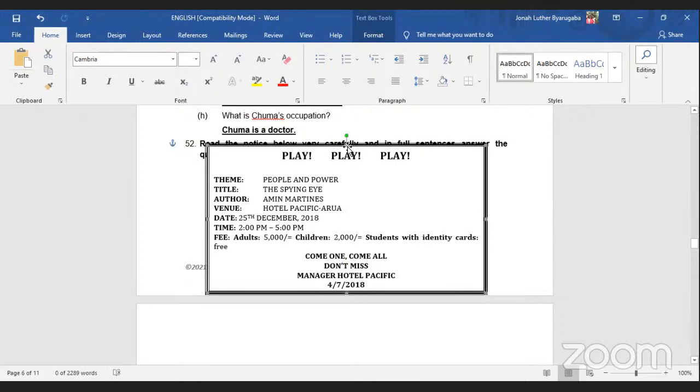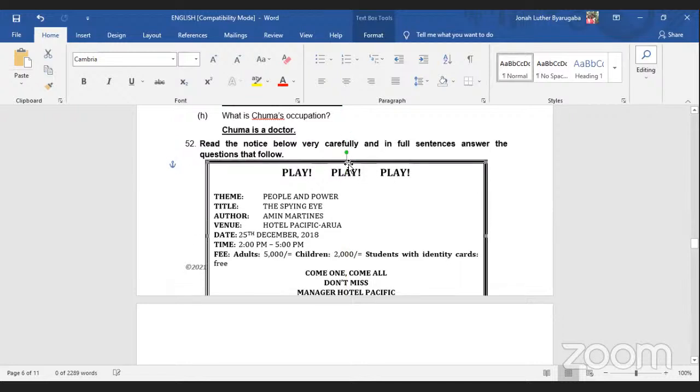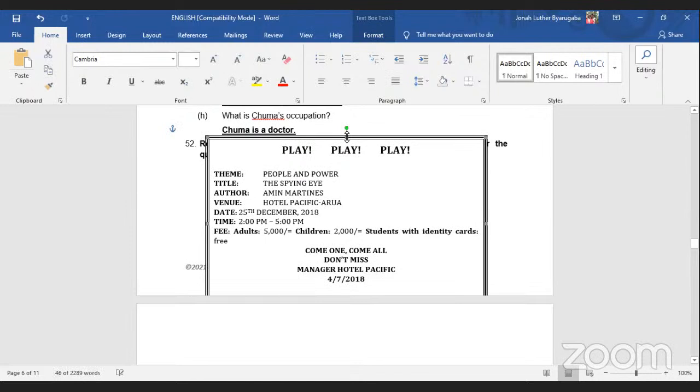Your question is here. First read the instructions because I'm going to cover them. Read this below very carefully and in full sentences. Answer the questions that follow. Okay, now read. People and Power.